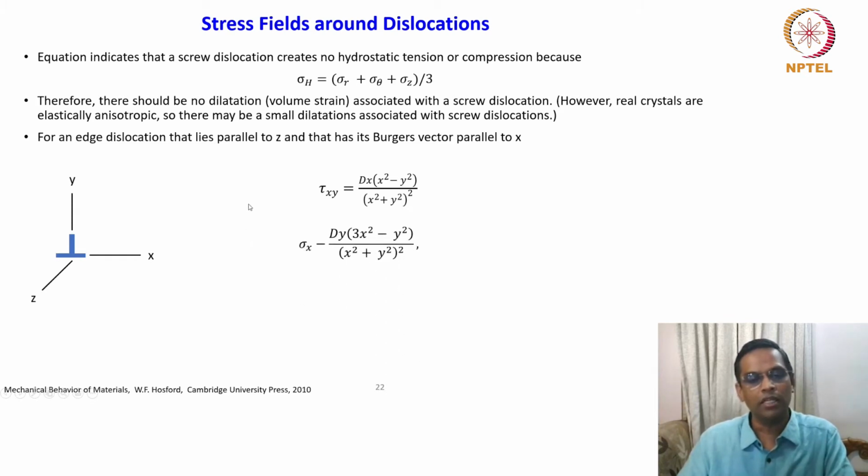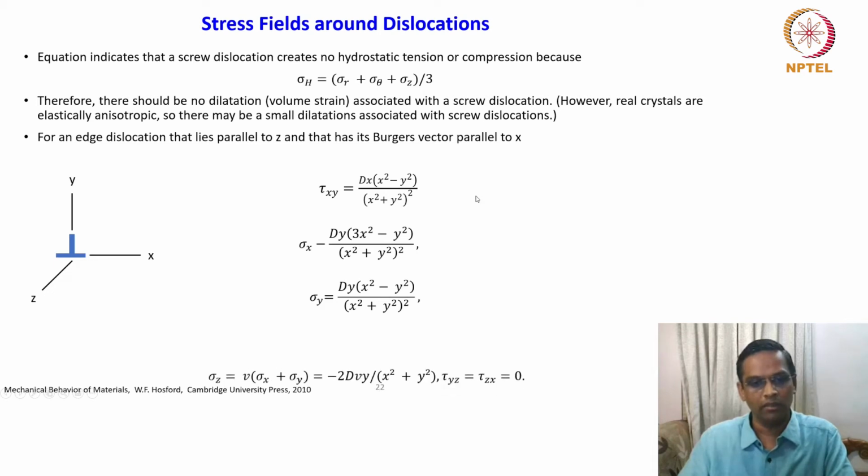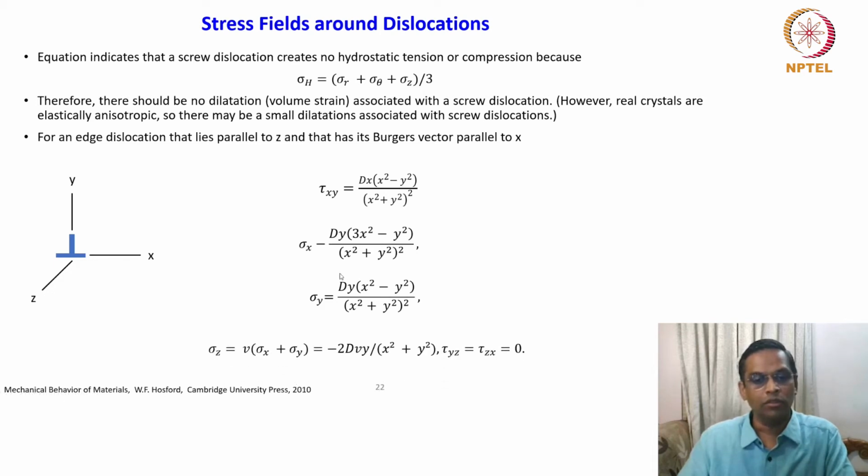What you see here is that there are two normal stresses, sigma x and sigma y, and the shear stress. All of them are there. And you notice that there is another, a third normal stress, that also exists in the case of edge dislocations.